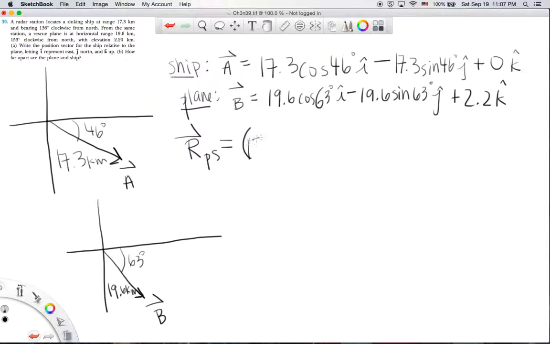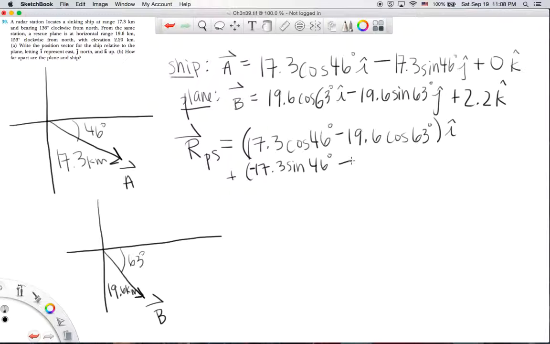So we have 17.3 cosine 46 degrees minus 19.6 cosine 63 degrees i hat plus negative 17.3 sine 46 degrees minus negative 19.6 sine 63 degrees, so plus 19.6 sine 63 degrees j hat, plus 0 minus 2.2 k hat.